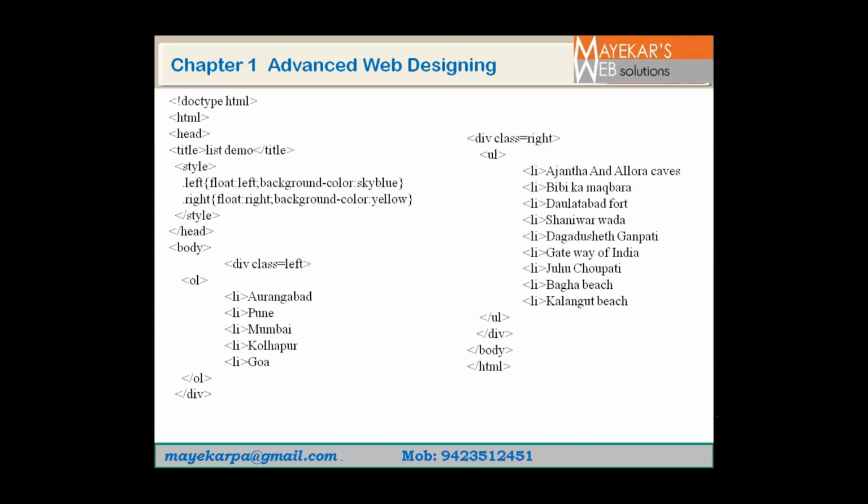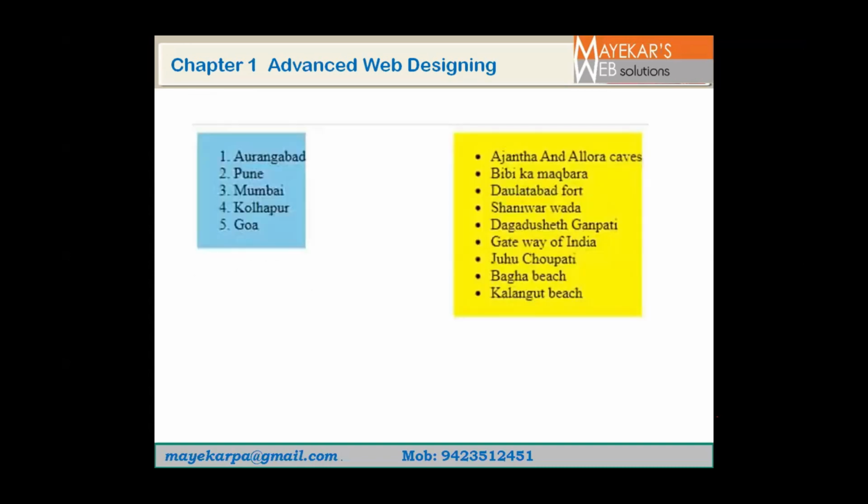So here we have completed this program. To check the output, you have to save this with .html, and when you open it in a browser, the output will display like this. The first list has a sky blue background and is aligned at the left side, because we floated it to the left.